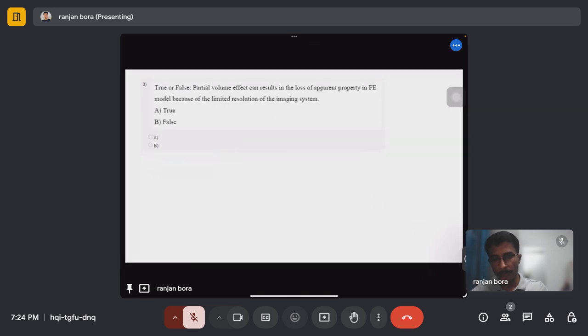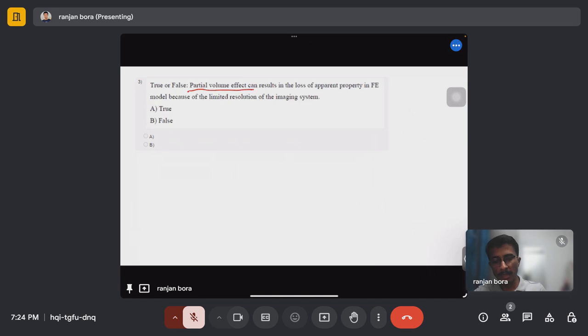Next question, the statement given is: partial volume effect can result in the loss of apparent property in FE model because of the limited resolution of the imaging system. We know that in partial volume effect we lose some property of the model, and for FE simulation we need a detailed model.